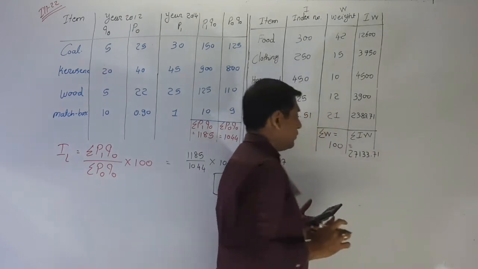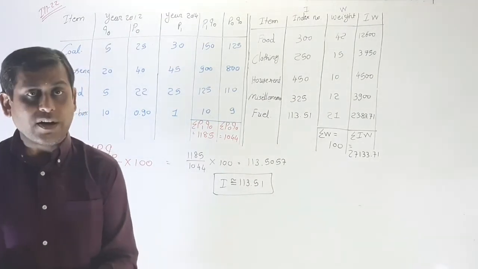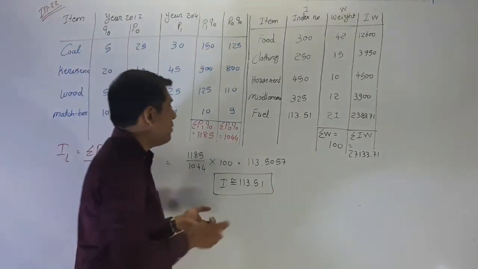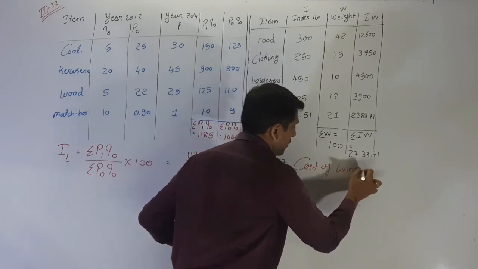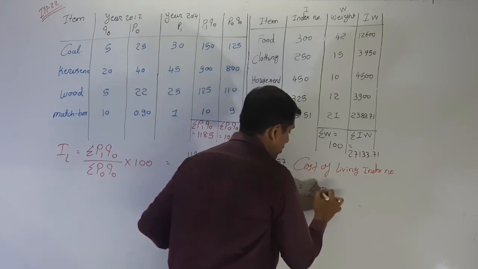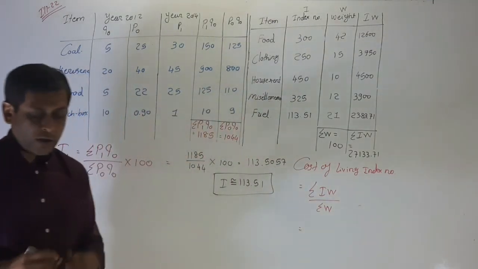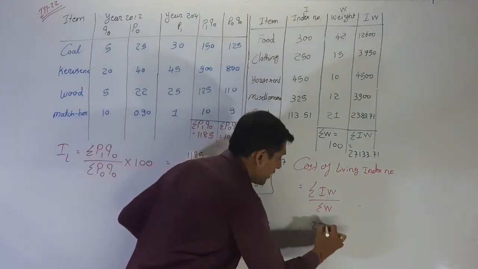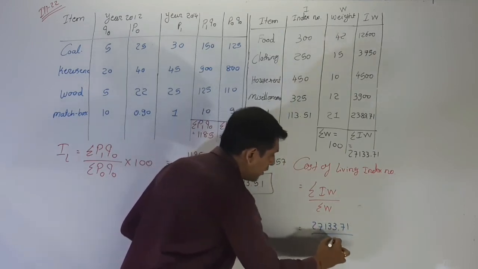So the answer is 27,133.71. And now find out the cost of living index number, which is equal to sigma IW upon sigma W. Put the value here: 27,133.71 divided by 100.